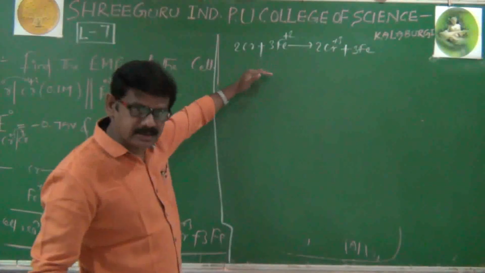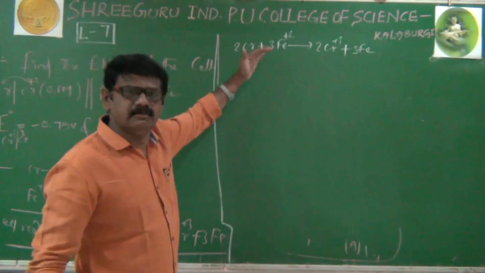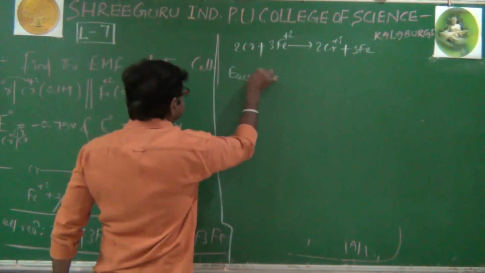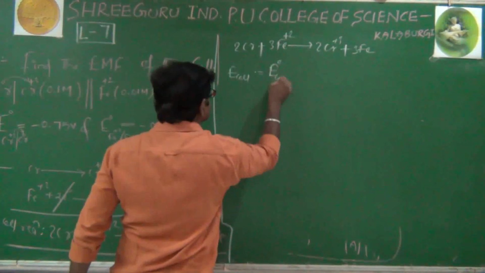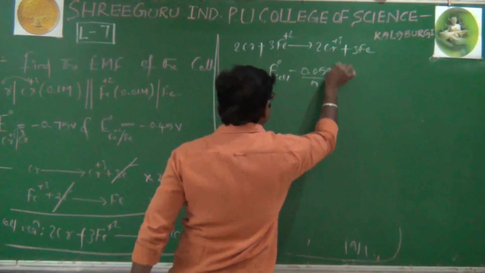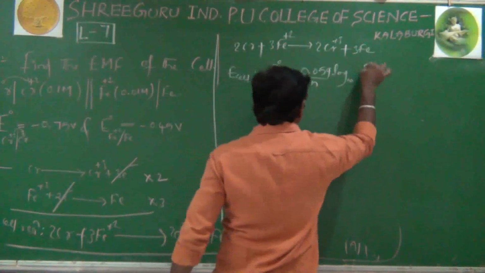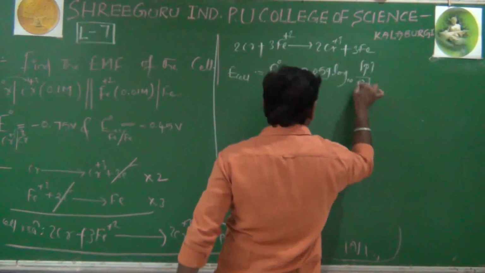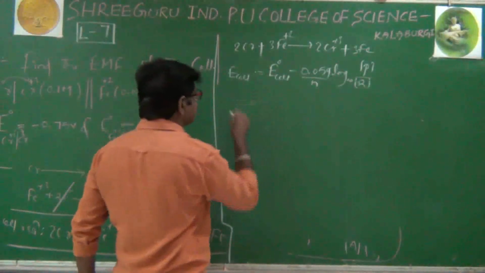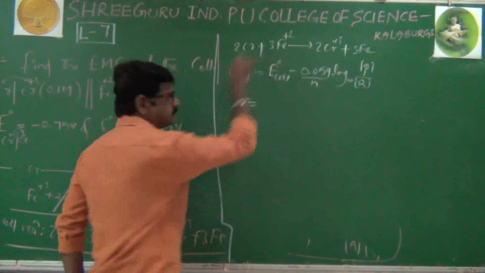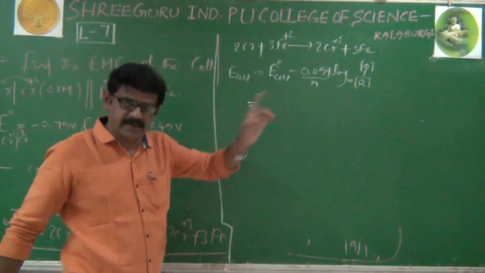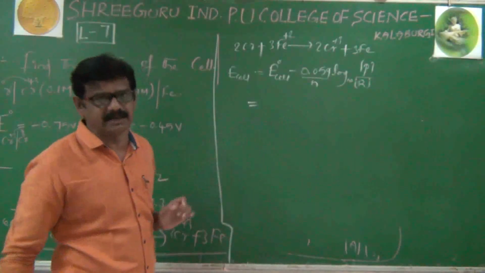Now we'll take cell potential formula from Nernst equation, that is E cell is equals to E naught cell minus 0.059 by n log base 10 product concentration divided by reactant concentration. Okay, then here is equals to E naught cell. Here in this question particularly, E naught cell value has not given directly.